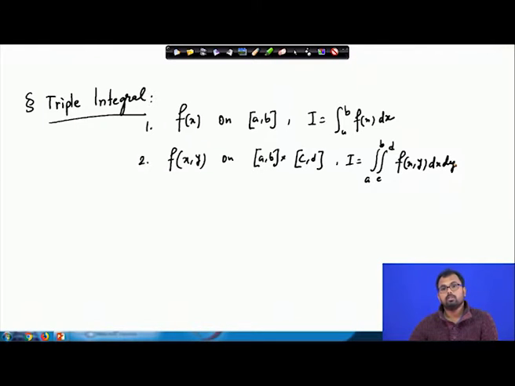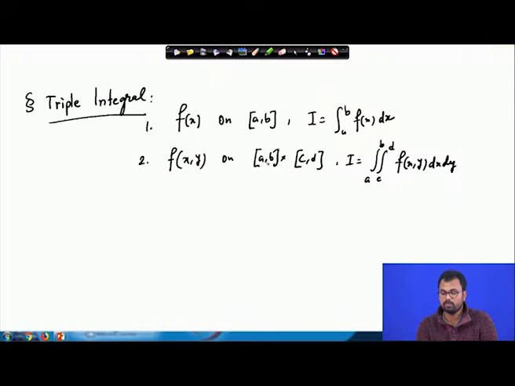Now we also have three-dimensional geometries and three-dimensional figures, and in such cases we can also talk about triple integral. So triple integral deals with the surfaces which are in 3D. So here in this case we have the range or the domain of integration are basically two-dimensional geometries.